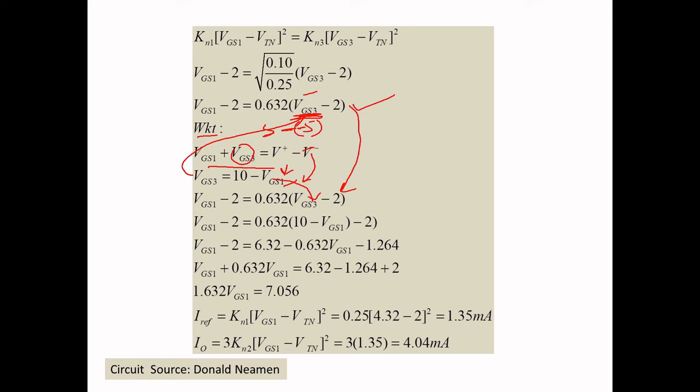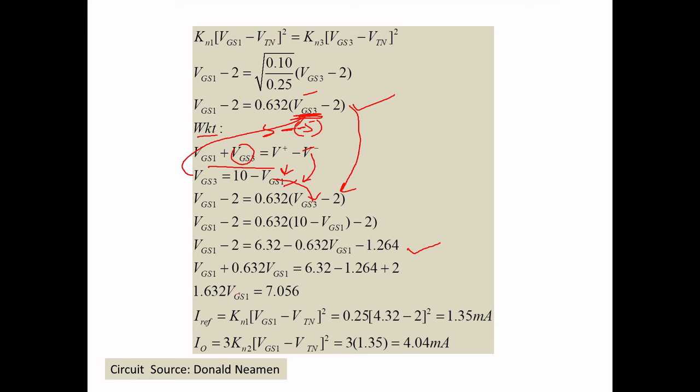2). So if you multiply, you will be getting VGS1 minus 2 equal to 6.32 minus 0.632 VGS1 minus 1.264. How are you getting 1.264? 2 into 0.632, so this is very simple. Then I have rearranged this term, that is I have taken the VGS term to the left side and the remaining terms to the right side.